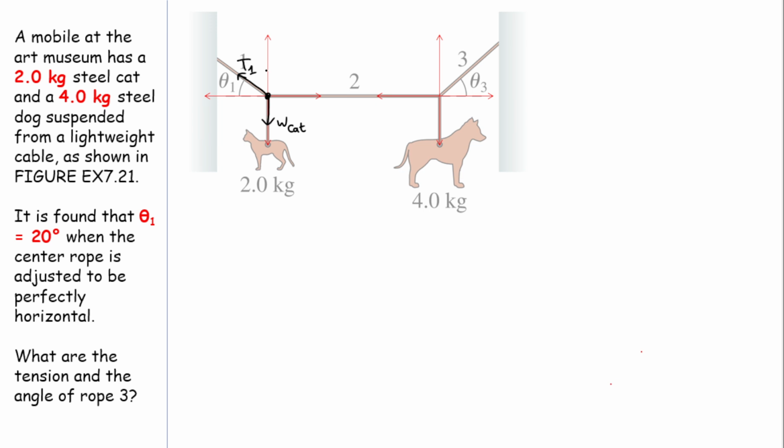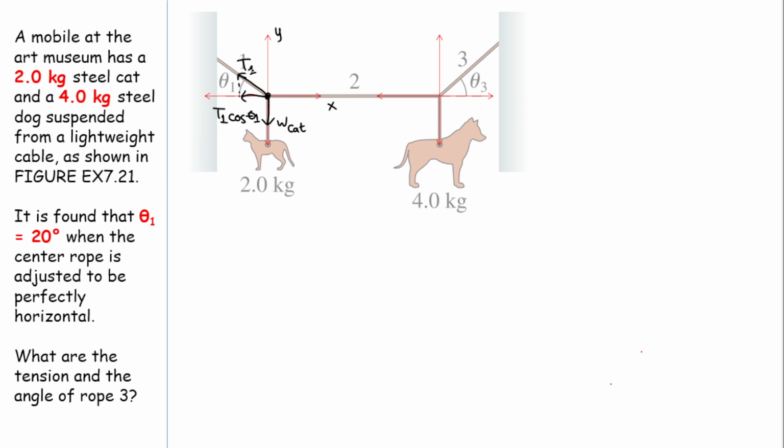But this is not exactly on the X or Y axis. We need to decompose it into X and Y components, right? The easy one is this one here. So we will have T1 on this side, but this one is theta 1. So this is the adjacent side, and this one is the hypotenuse. Adjacent and hypotenuse, that will be cosine. So we will have T1 cosine of theta 1.